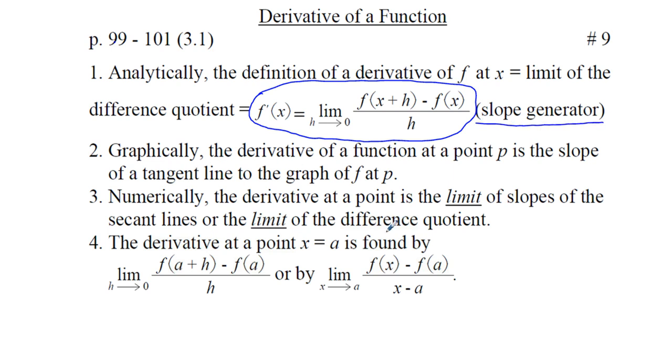Graphically, the derivative function at a point P is the slope of a tangent line. So going back to note card 1, we have a little roller coaster here. It has a bend that goes something like this, and we want to find the slope of a tangent line at a point like I'm drawing right here.